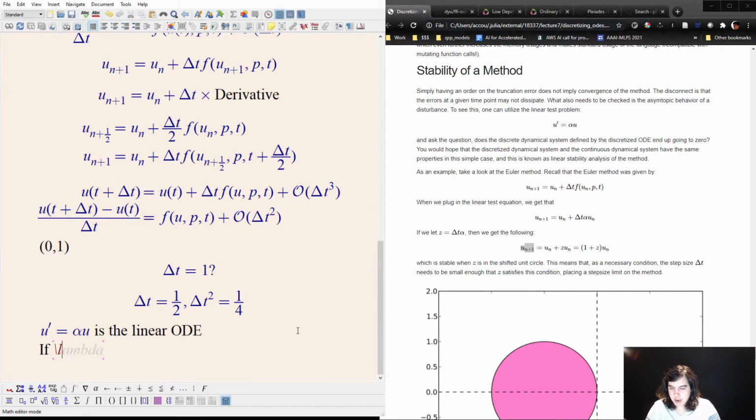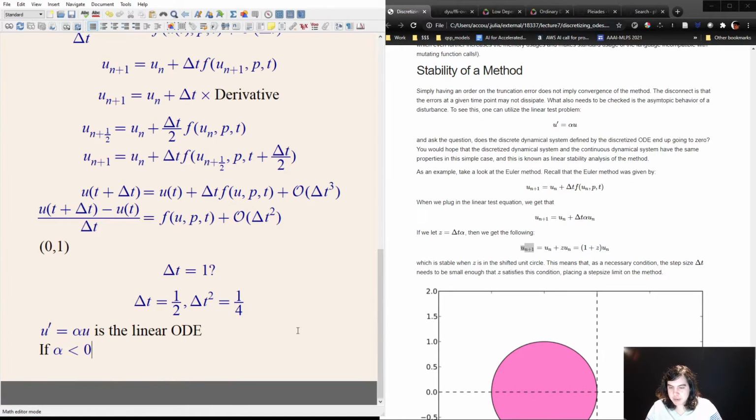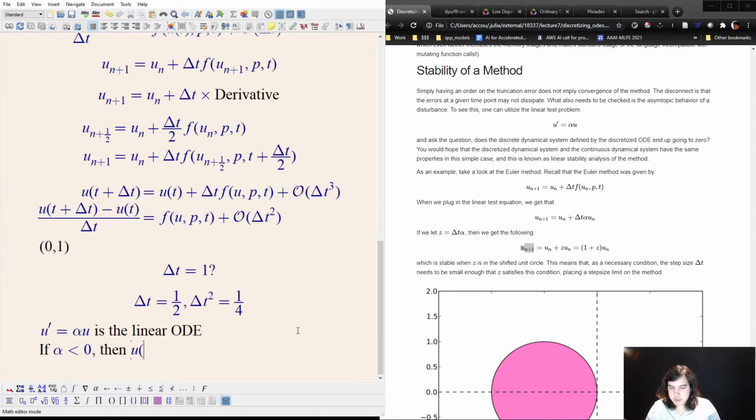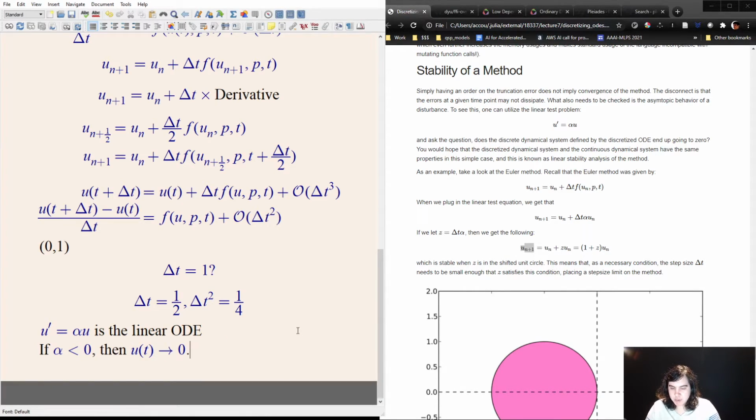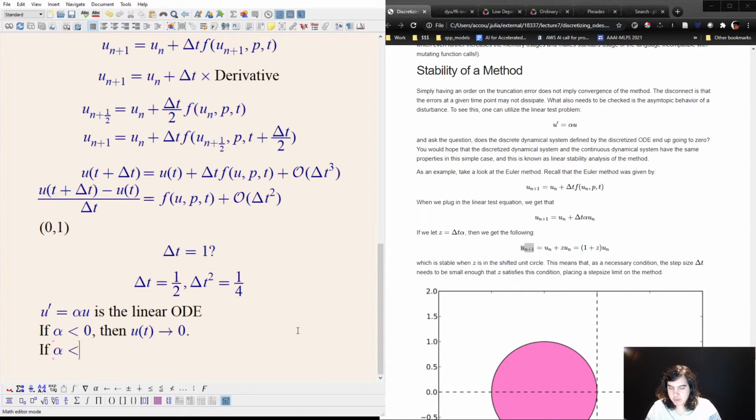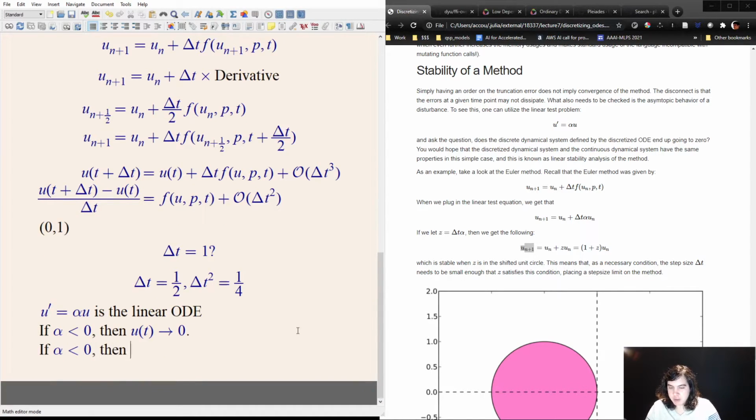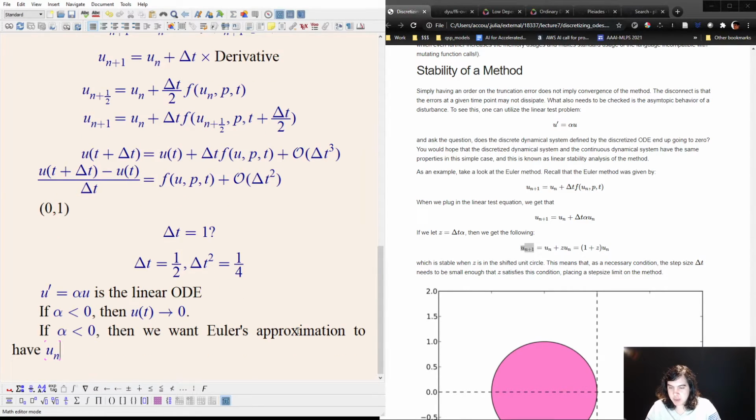If alpha is less than 0, then u of t goes to 0. So we want Euler's approximation to have u_n go to 0, because that means it's doing the right thing.